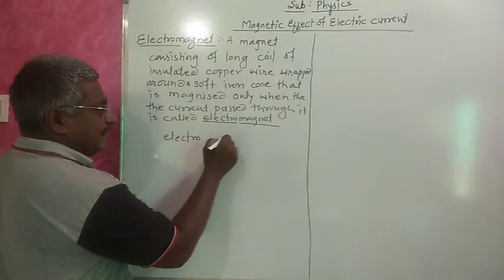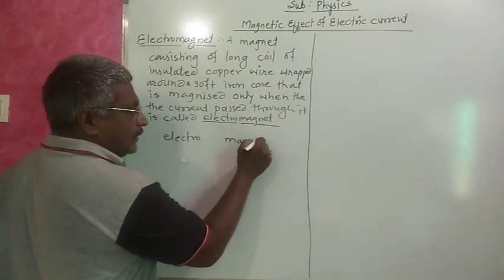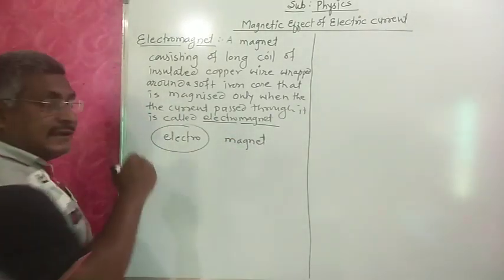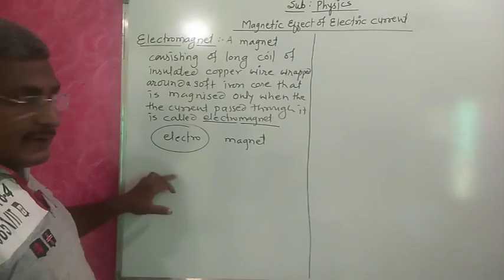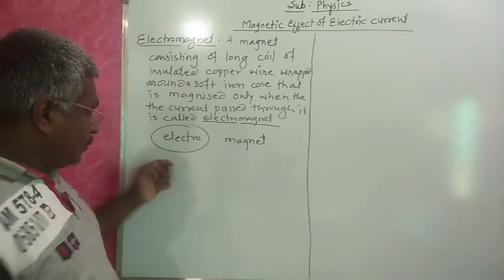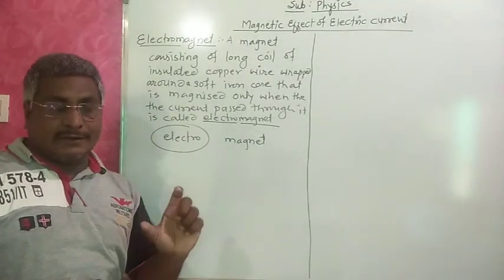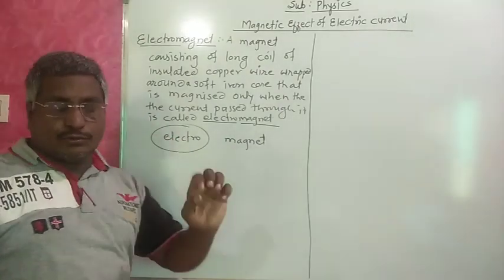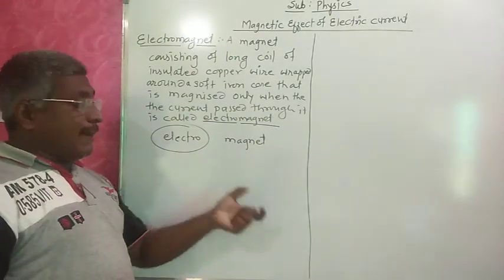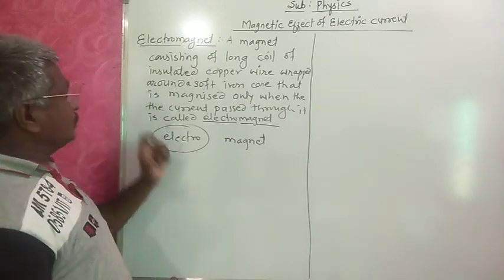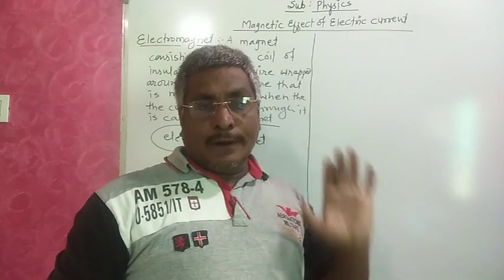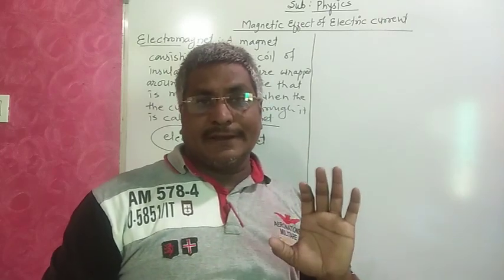When we pass electric current through the conductor, magnetism is produced, or a magnetic field is produced. That is called an electromagnet. Understood, students?